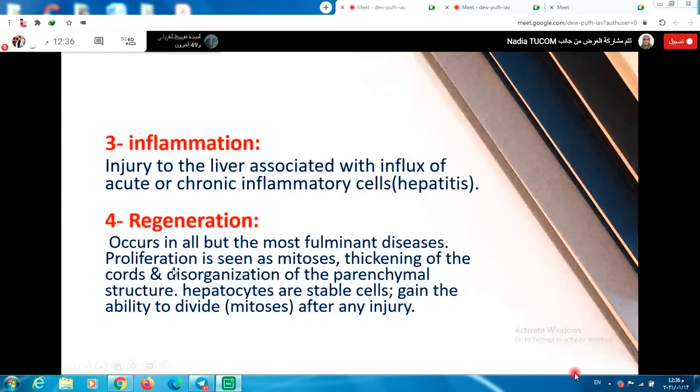Labile cells are cells that are continuously regenerating, like squamous epithelium of the skin, like the columnar epithelium, squamous epithelium lining the GIT, right? Esophagus, oral cavity, stomach, intestine.